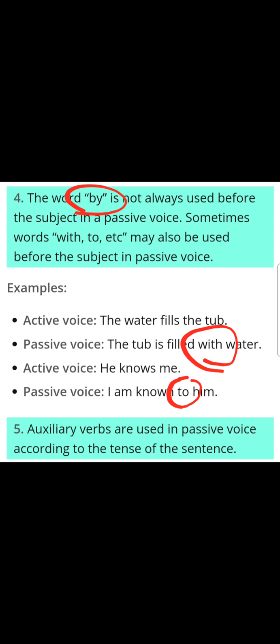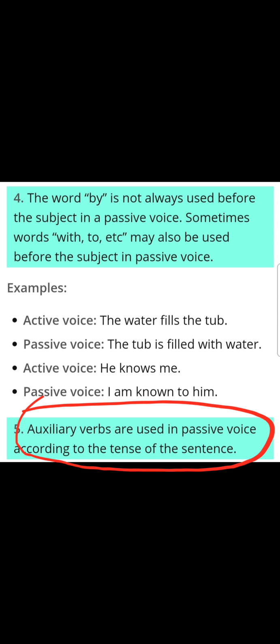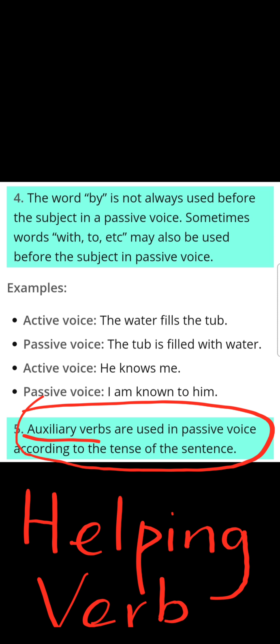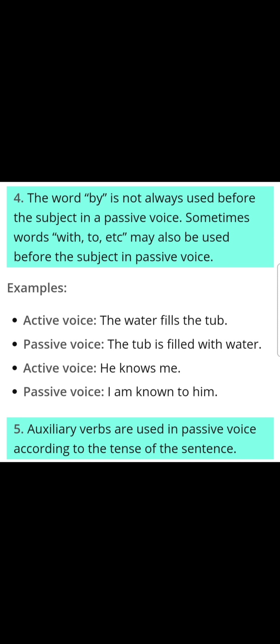The last and the most important rule is that auxiliary verbs are used according to the tense of the sentence. Auxiliary means helping verbs. So helping verbs are used according to the tense of the passive voice.